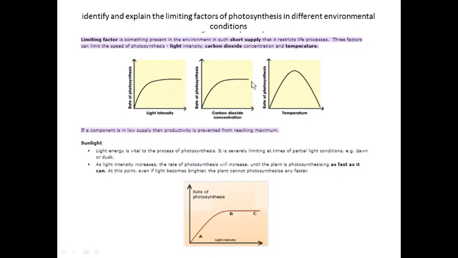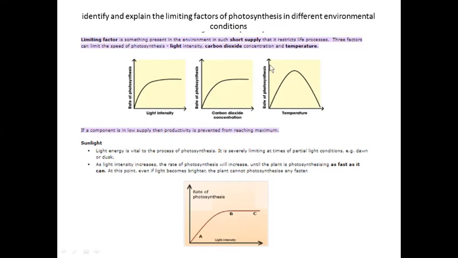You can see here it becomes constant. It means CO2 is also a limiting factor, because even if you keep increasing the CO2 after this point, the rate of photosynthesis is not increasing. Why? Because it has reached the optimum point. So in the case of light and CO2, there is no danger point, even if you give excess quantity.